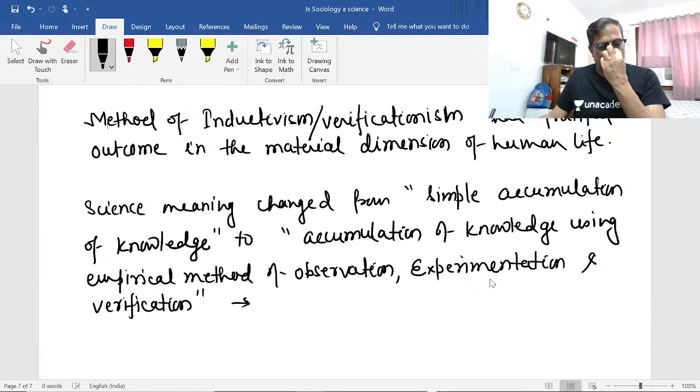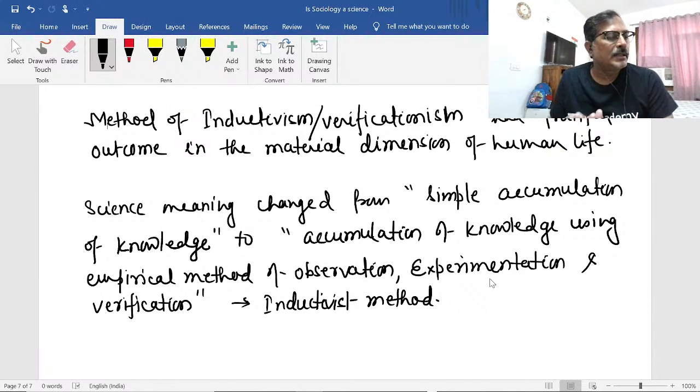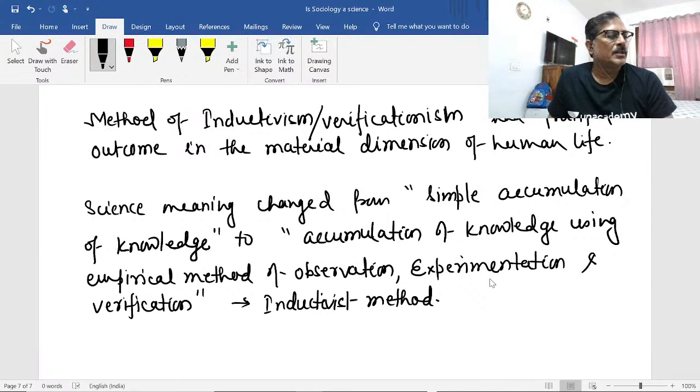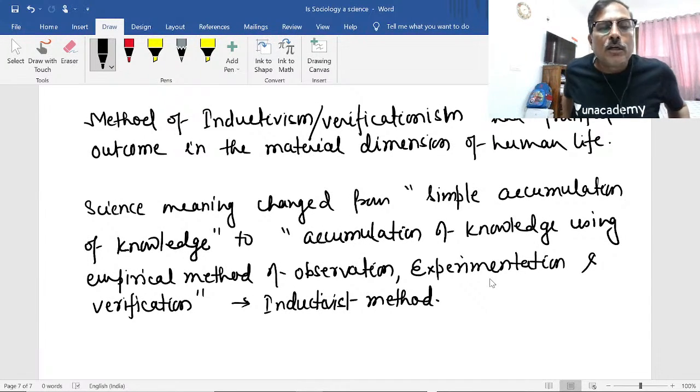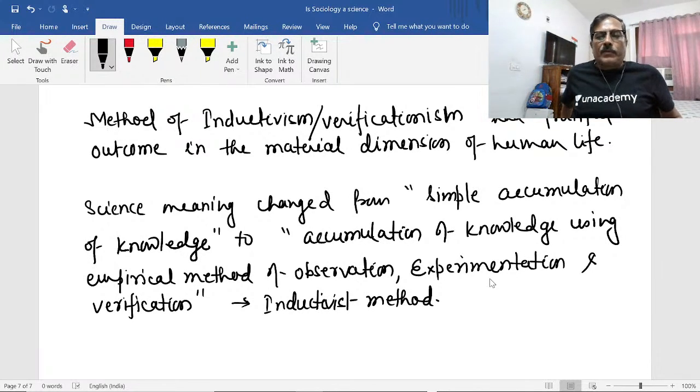Which later on was described as inductivism, or the inductive method, the inductivist method, right? So science became synonymous with the inductivist method, right? And this was mainly used in the study of the material dimensions of the society, the objects of nature, right?